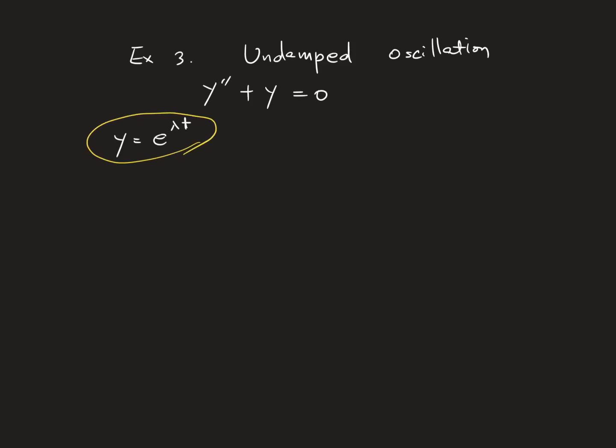We consider undamped oscillation, so there is no damping. So we have this differential equation, and we guess the solution is of this type, this function, and we plug in. What we get is λ² + 1 = 0.